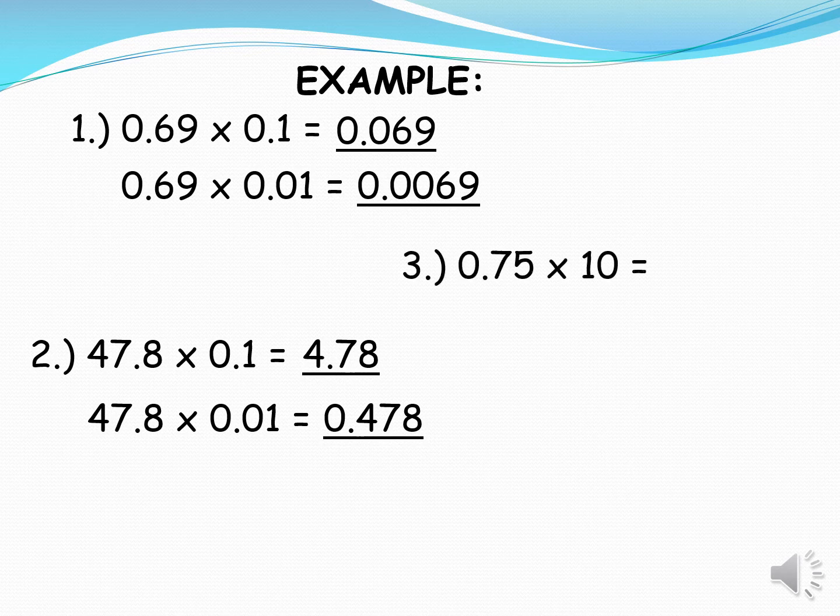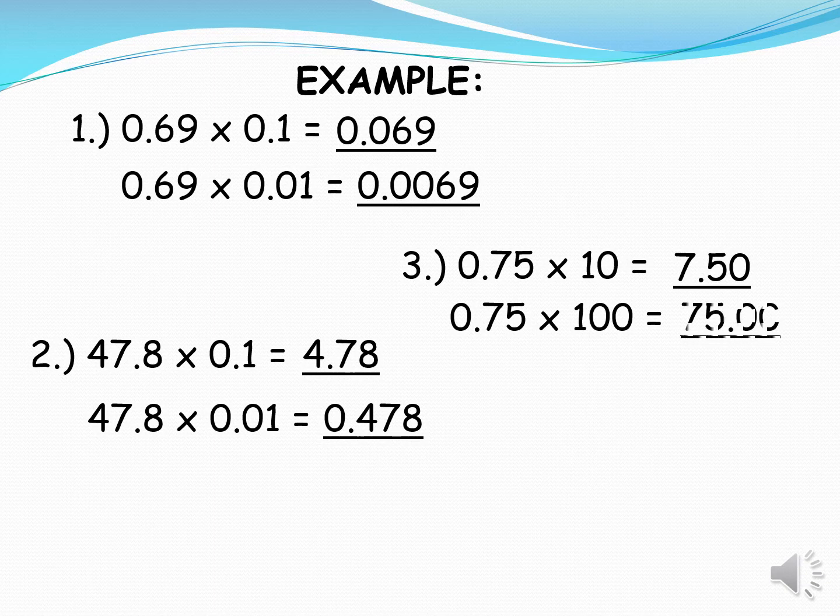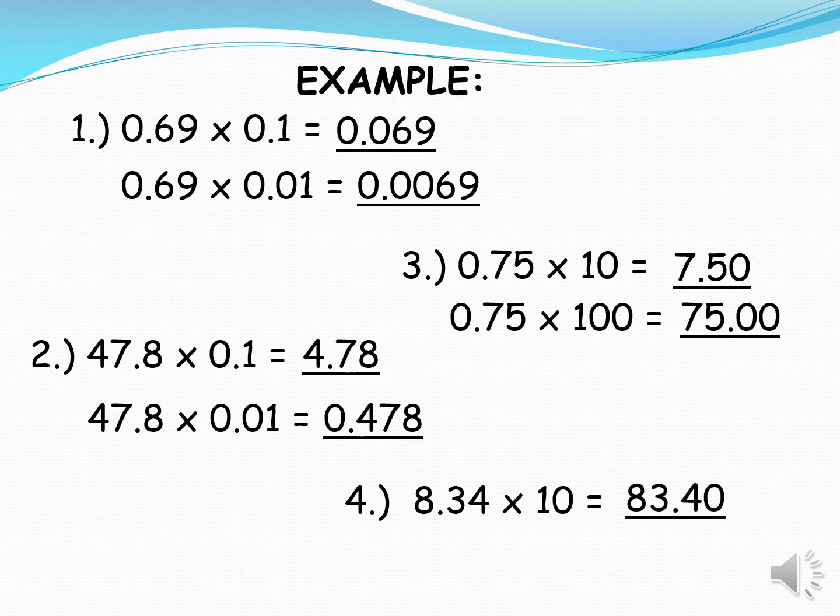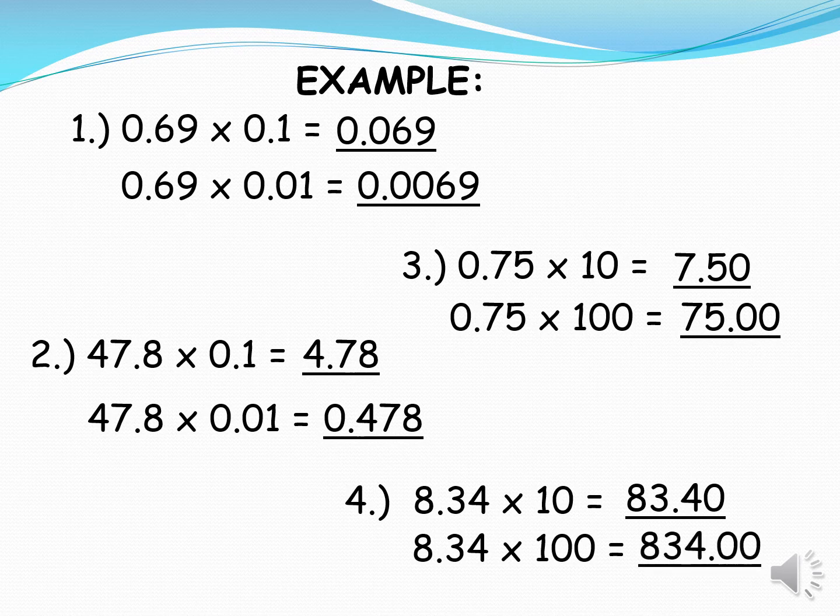Number 3, we have 75 hundredths times 10 is equal to 7 and 50 hundredths. 75 hundredths times 100 is equal to 75. Number 4, we have 8 and 34 hundredths times 10 is equal to 83 and 40 hundredths. 8 and 34 hundredths times 100 is equal to 834.